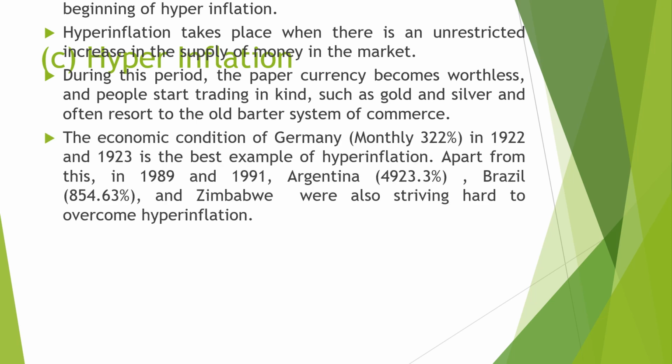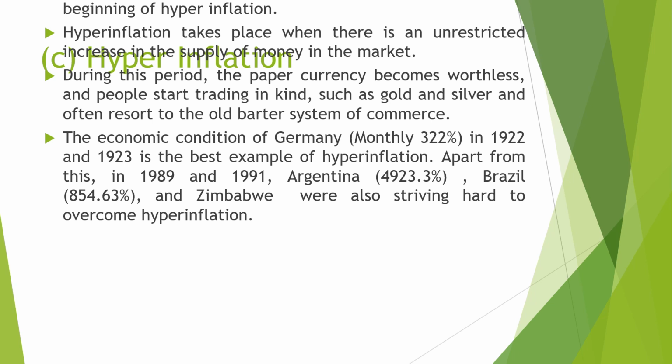So we have certain examples, like the economic conditions of Germany. In Germany in 1922-23, the inflation rate was almost 322% per month. That means you can estimate that it was almost 3500 to 4000% per annum, right?